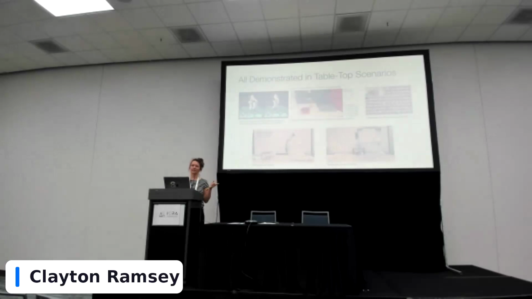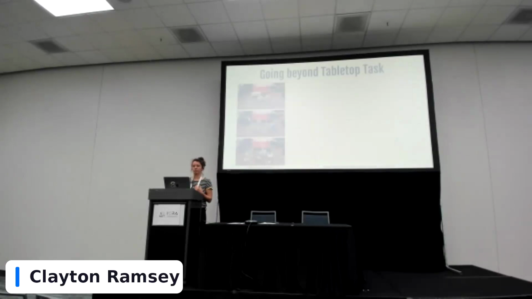But if you look at how we demonstrated them, it's always in tabletop scenarios, right? They can solve very interesting different tasks, but they are confined to this tabletop space where the robot has a limited workspace, which introduces some of the geometric complexities in the first place. But I was really ready at this point to go beyond tabletop tasks.